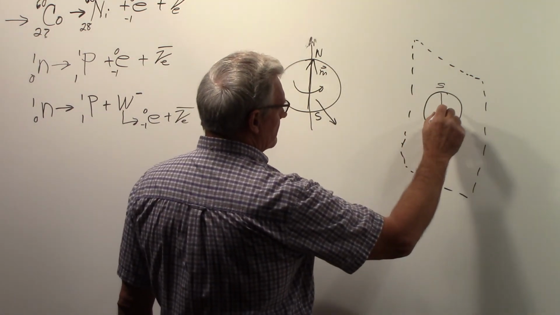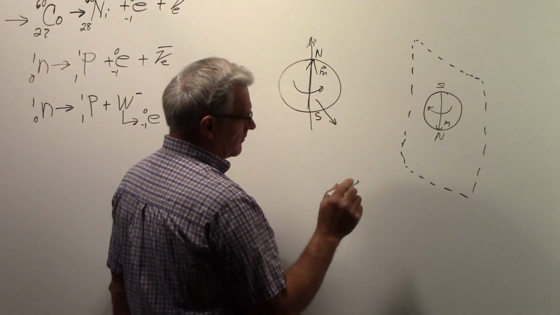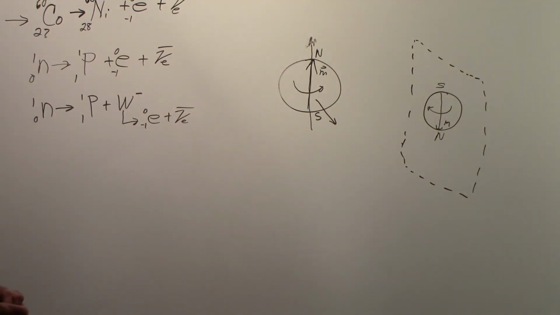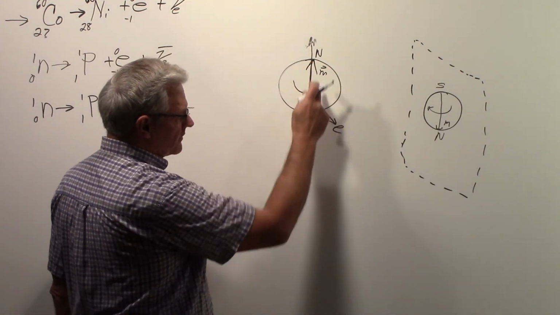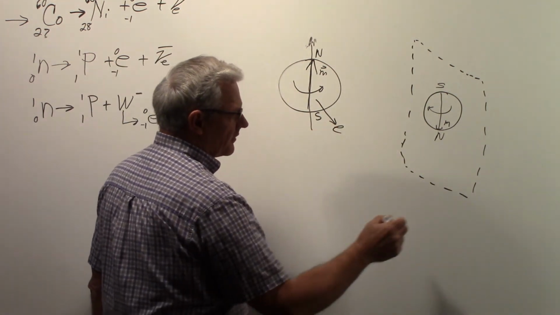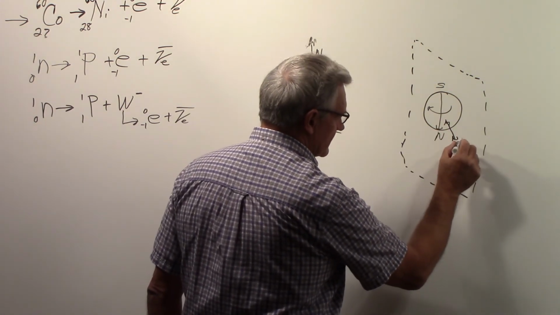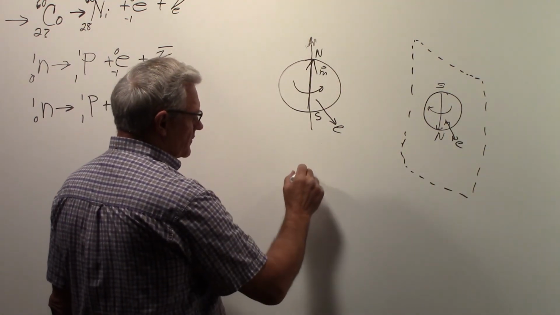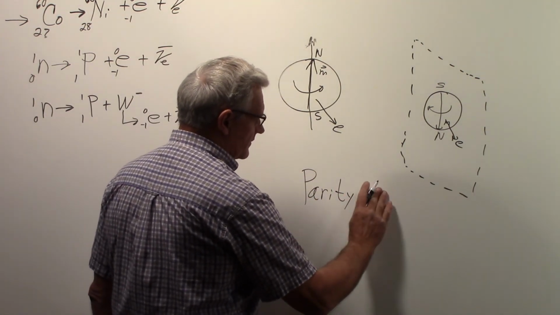And now the rotation would be this way, also a pseudo-vector for the angular momentum. And the question is, which way does the electron come out? We're showing over here that the electron came out opposite to the moment direction. When we do this reflection into the mirror, it'll be in this direction. However, that's not what generally happens. So the reflection is violated. So parity is not conserved.